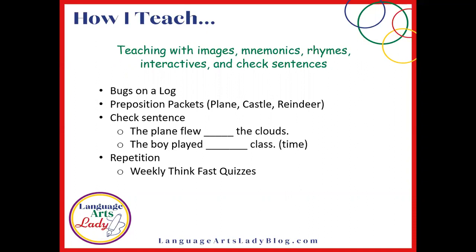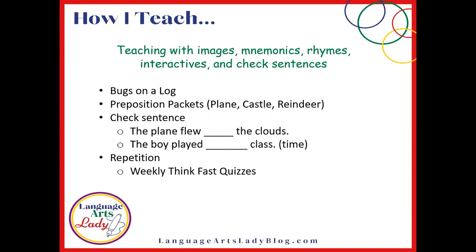Those preposition packets, besides teaching the spatial, like the castle (Beast was in the castle, Belle was in the castle, around the castle, under the castle, through the castle) or the reindeer flew over the clouds, under the clouds, whatever that might be, that's my Christmas packet.